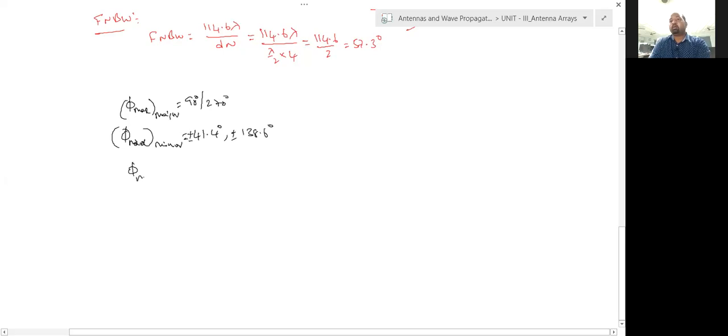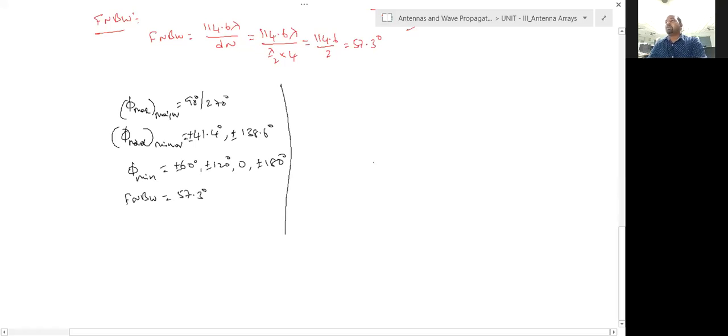The minimum directions are plus or minus 60, plus or minus 120, 0 degrees, and plus or minus 180 degrees. And the first null beam width is equal to 57.3 degrees. So these are all the values which we have obtained.